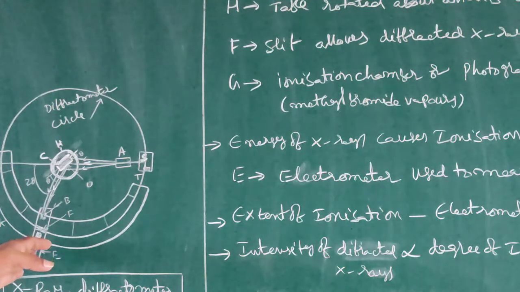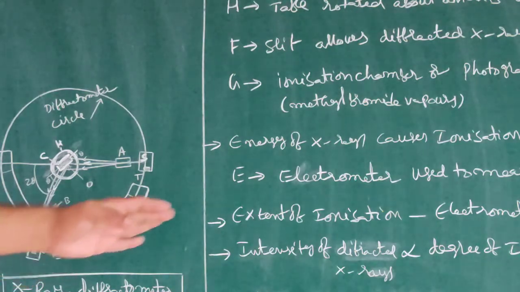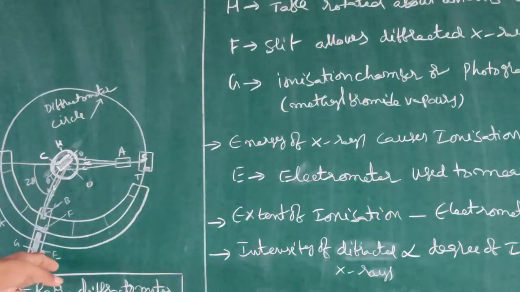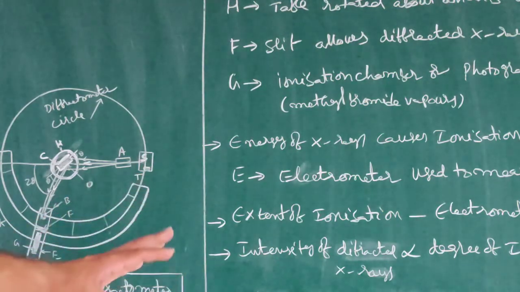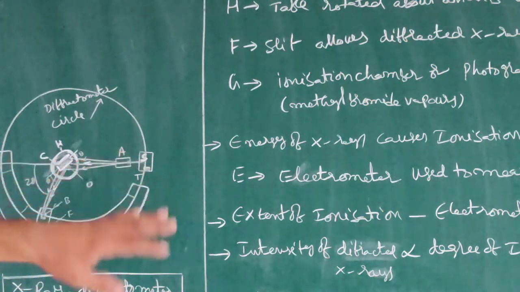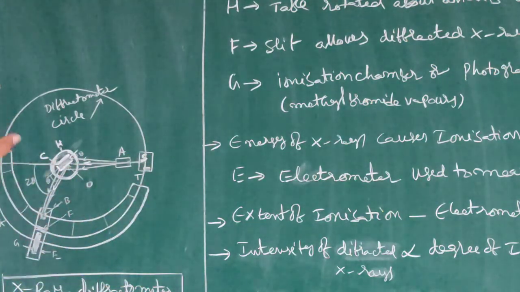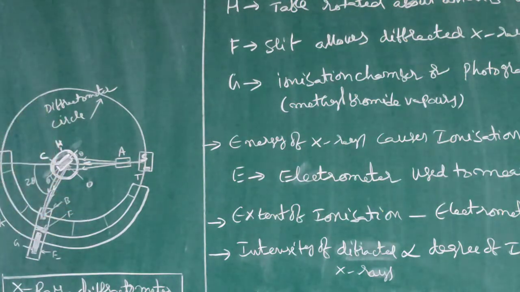After that, a current will be produced, which can be calculated from the electrometer reading. We can calculate d values along different coordinate axes. Based on those d values, we can identify what type of crystal it is.